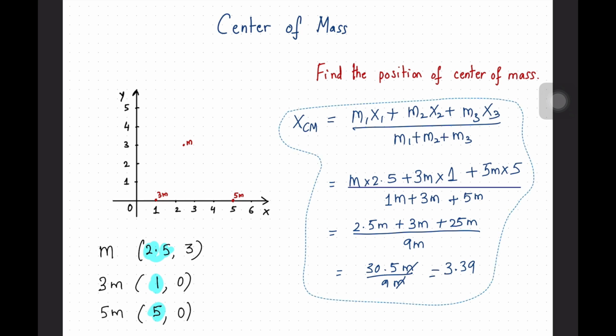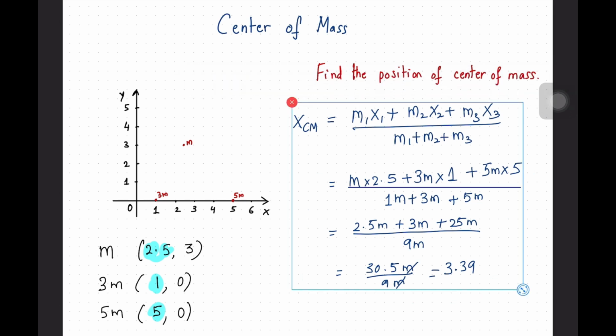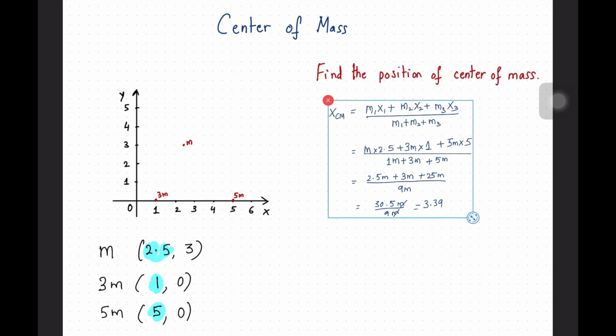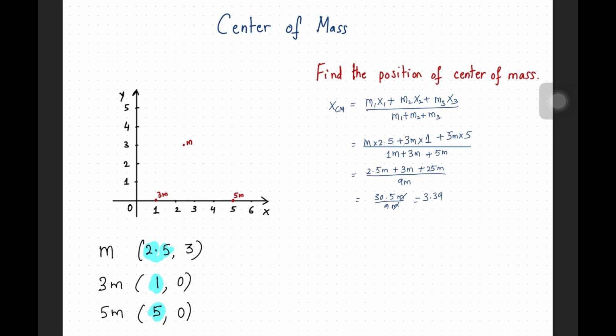Now that's xcm. We also want to find ycm. So let's just make some space, move this aside. Ycm is equal to m1 y1 plus m2 y2 plus m3 y3 over m1 plus m2 plus m3. Now we will focus on the y coordinates. The first one is m multiplied by 3, and the other two y coordinates, y2 and y3, are 0.